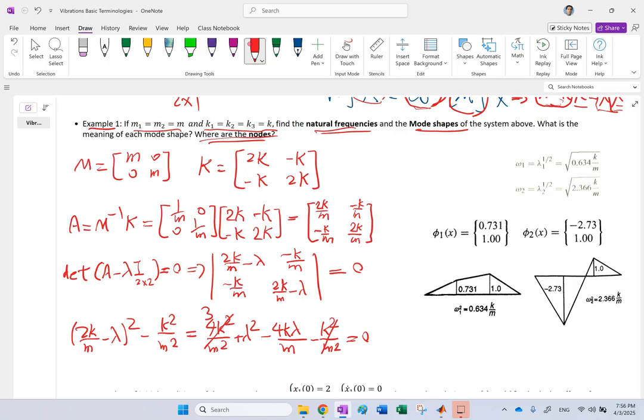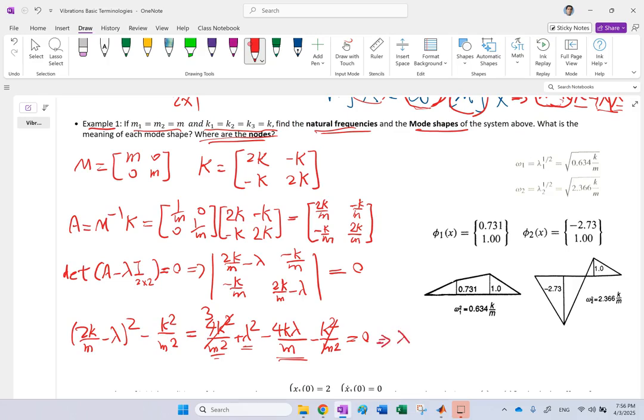Now, if you look at it, it's clearly a quadratic equation. This is your power 2 term, this is your power 1 term, and this is your constant. If you want, you can multiply the whole thing by M squared, or you can just leave it as is.